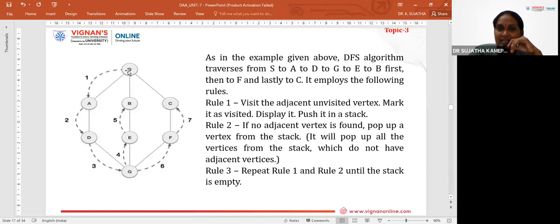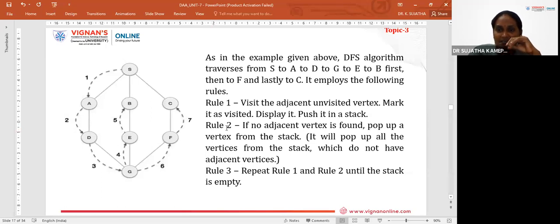So from S it goes to A, then A to D, then D to G, then from G it can go to either E or F. Alphabetically we take E, then it goes to B, then to F, then to C. The nodes are visited in that order.